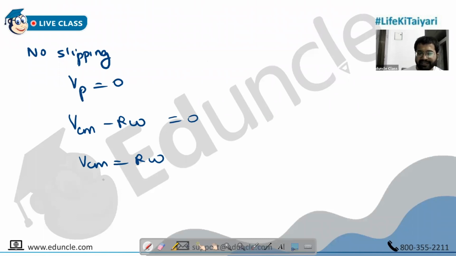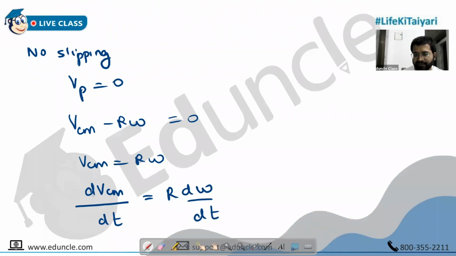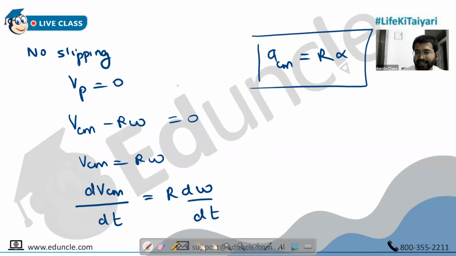Again, since VCM is r omega, if you differentiate both sides, the rate of change of VCM with respect to time, with the radius constant, is r times d omega by dt. This is the acceleration of the center of mass, which is r into d omega by dt, that is alpha, the angular acceleration. So ACM is r alpha and VCM is r omega.